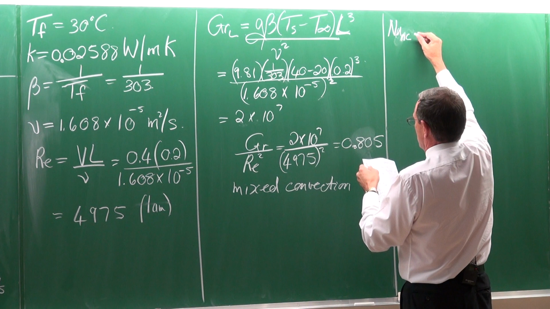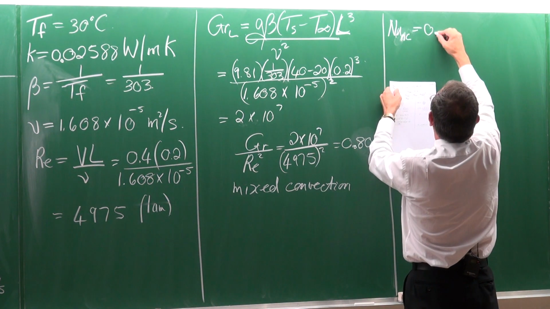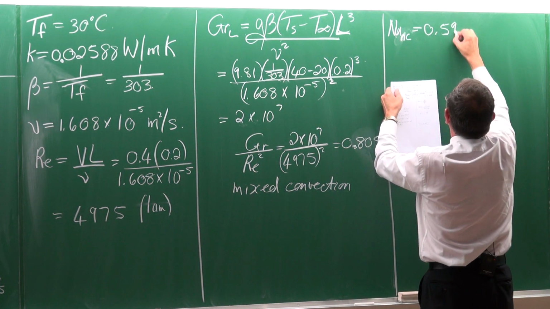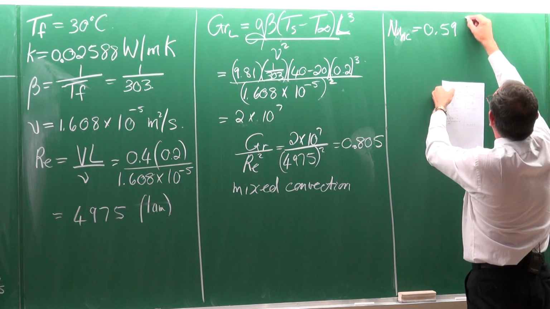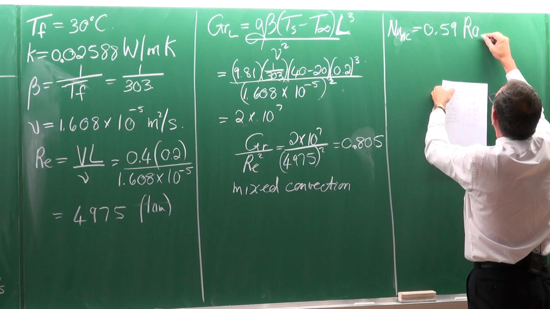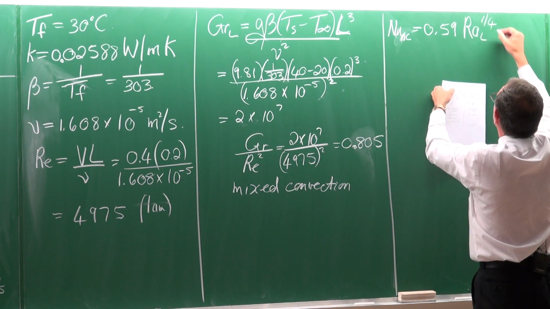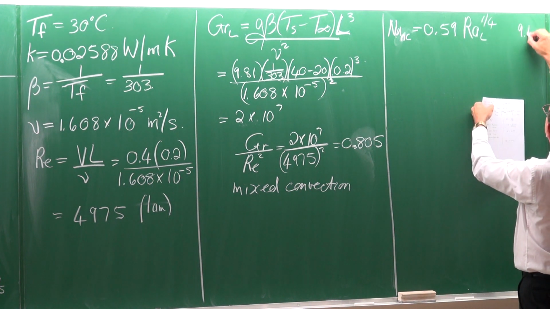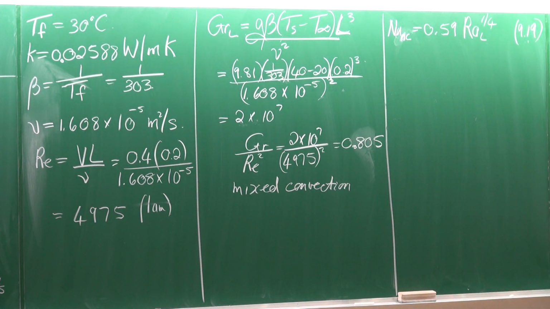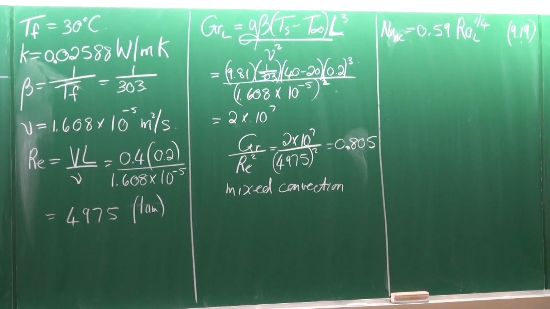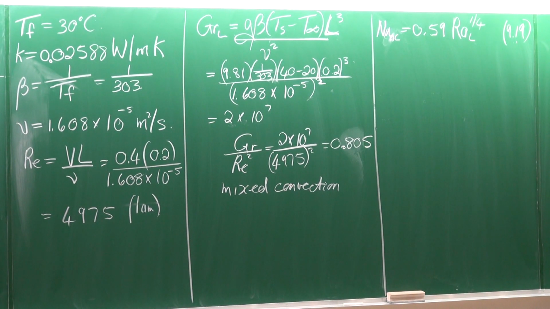The Nusselt number for natural convection from a vertical plate, and I'm going to take the simple equation because I'm a bit lazy, that's the reason. Rayleigh to the fourth, and that is equation 9.19 in your textbook, if you don't know where it comes from. So just go and look in your textbook, you'll see based on that condition in terms of the Grashof number, we can use that equation for natural convection.